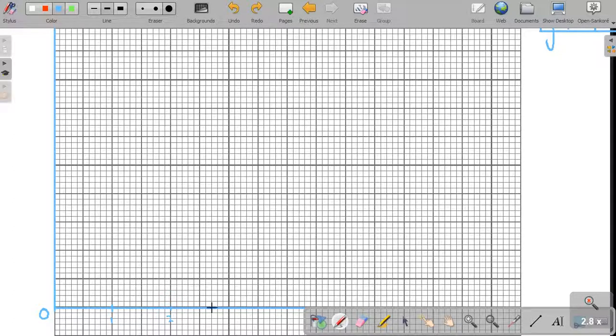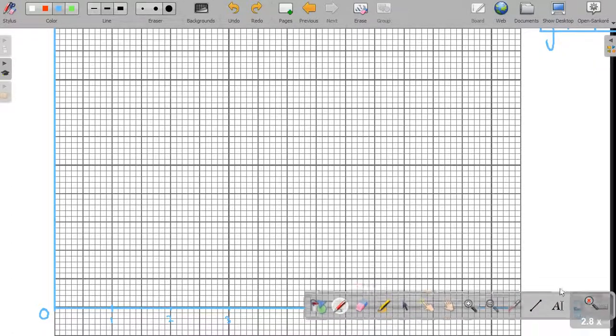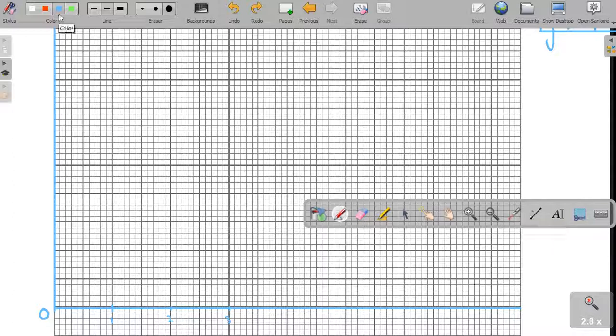This is 2, 3, 4, 5, 6, 7. Okay, and then this is my x-axis.